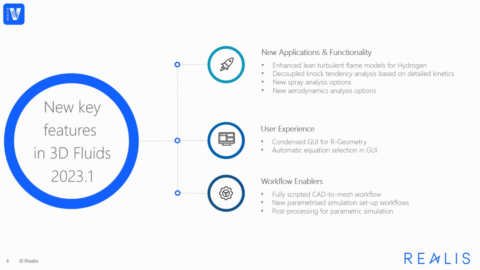Additional improvements are also brought for our pre- and post-processing tools with, amongst others, a revised interface in our geometry. Let us now dive into some of these features and consider what the simulation challenges are, what are the solutions we provide, and how our users can access these solutions.